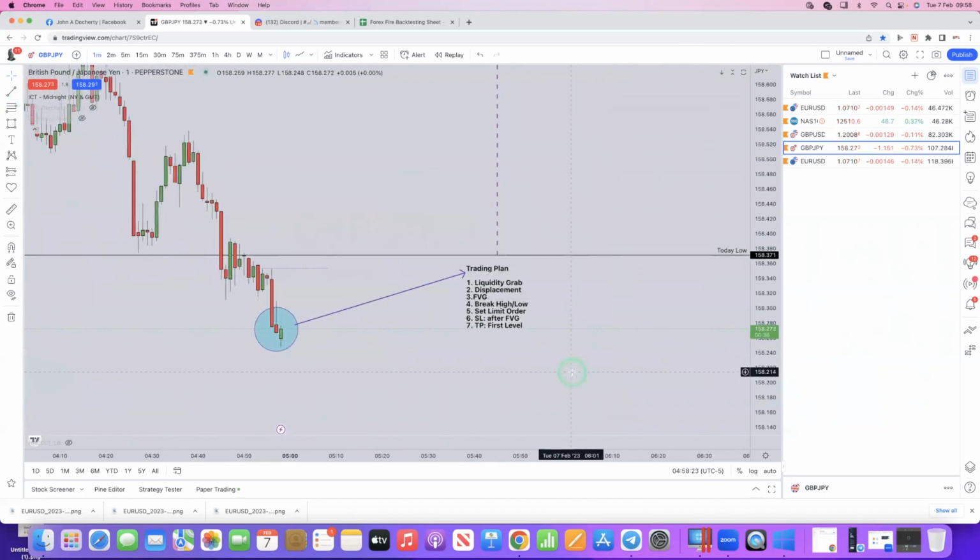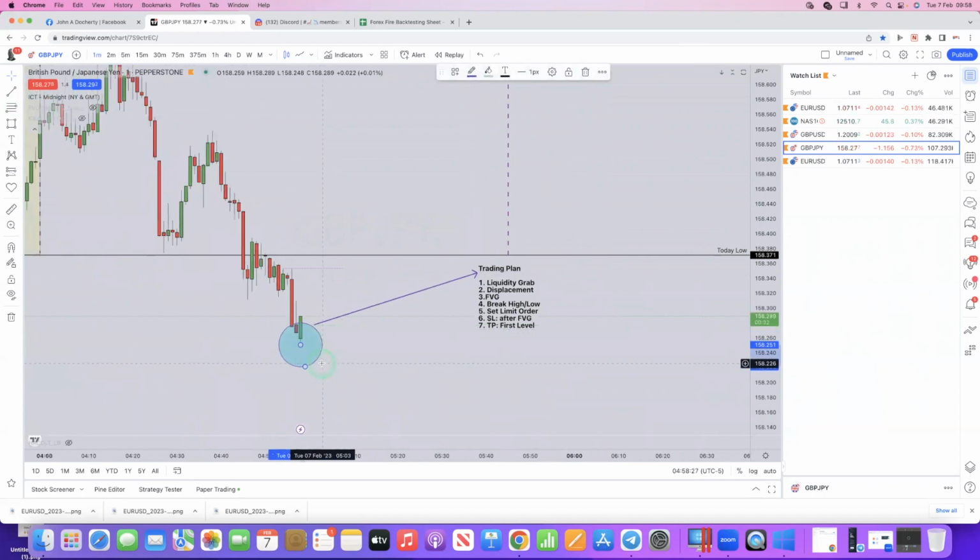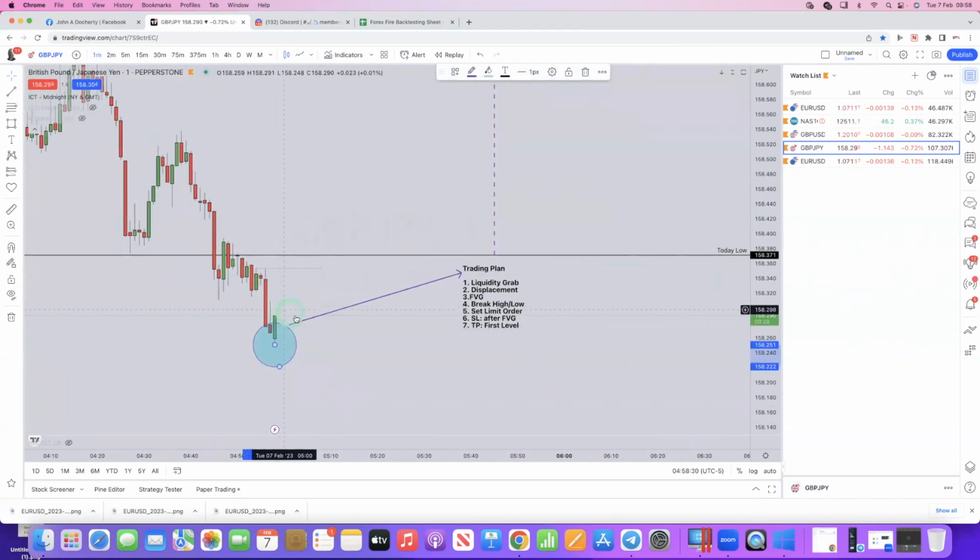With regards to this at the moment, we've got that low point here. We're waiting to see what's going to happen. After the liquidity grab we're going to have a take of liquidity, and we are now going to have to create liquidity.